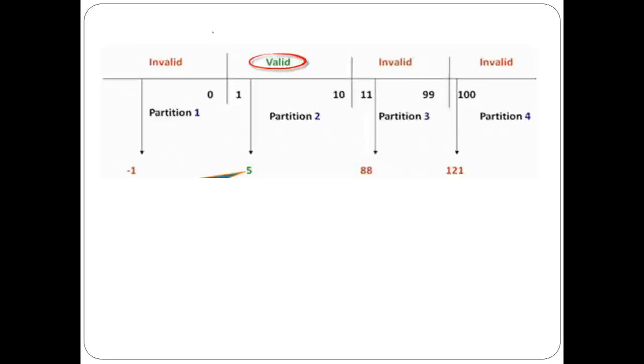See this example. Suppose the user enters -1, then it comes under the invalid partition. And if the user enters the value 5, it comes under the valid partition. If the user enters 88, it comes under an invalid partition. And if the user enters 121, it comes under this invalid partition.